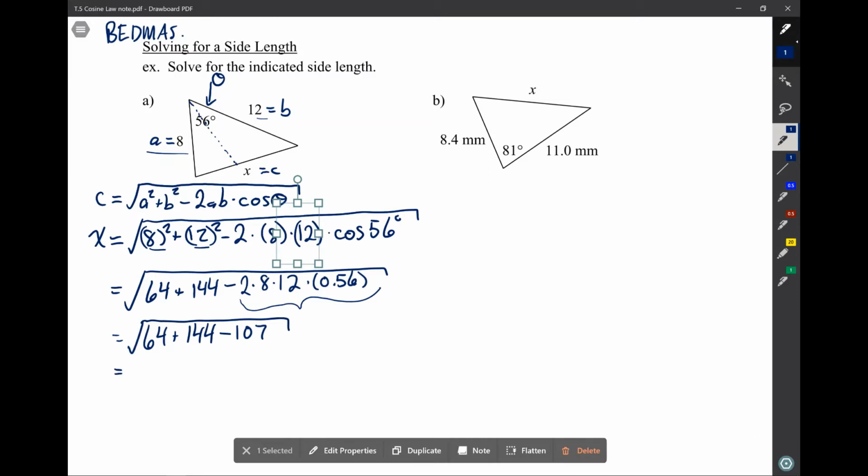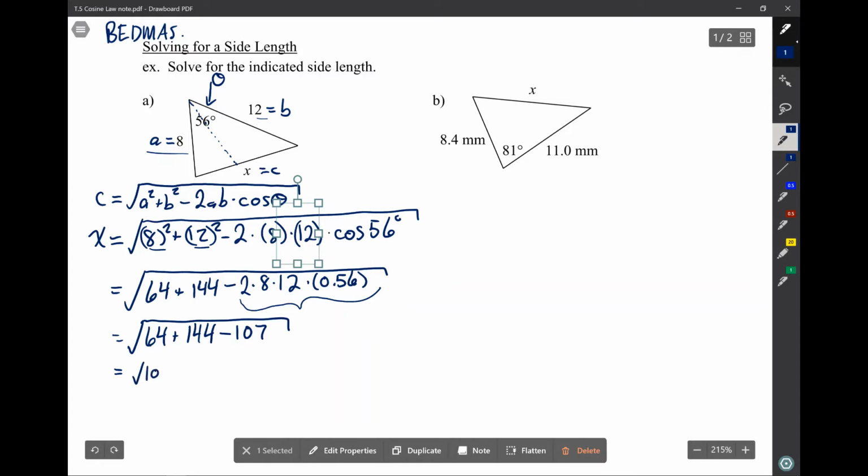And now, because I have 3 terms underneath my square root sign, separated by plus and minus signs, I can calculate all of those at once from my calculator. 64 plus 144 minus 107 comes to 101.